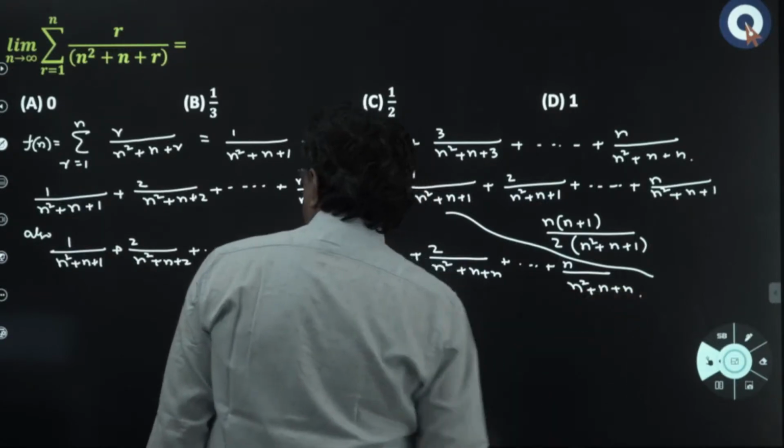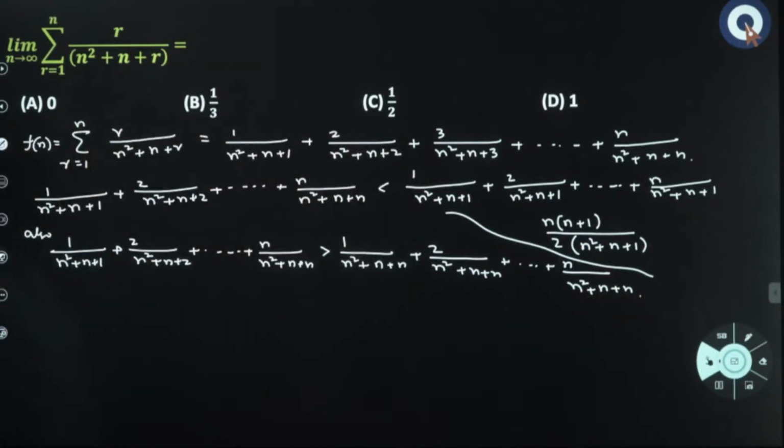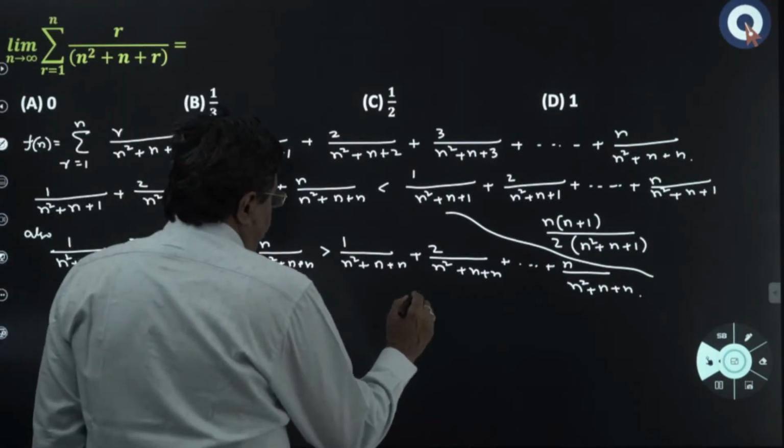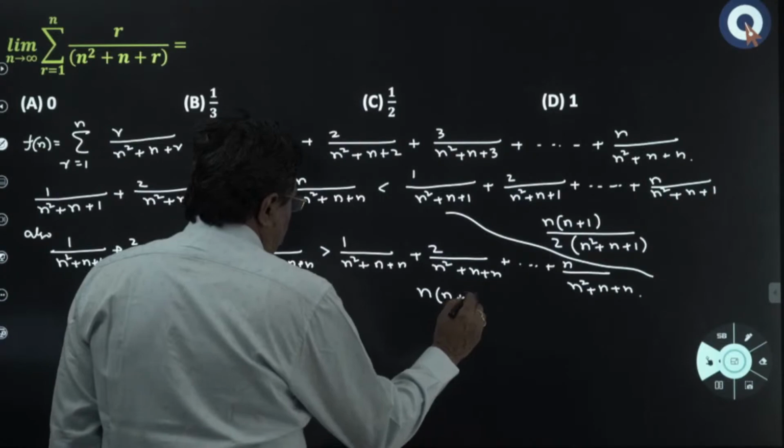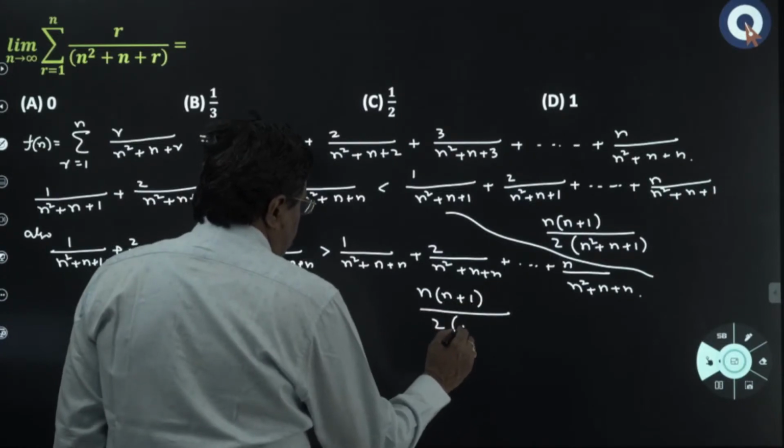So therefore, this is nothing but n into (n plus 1) by 2 by (n square plus n plus n).